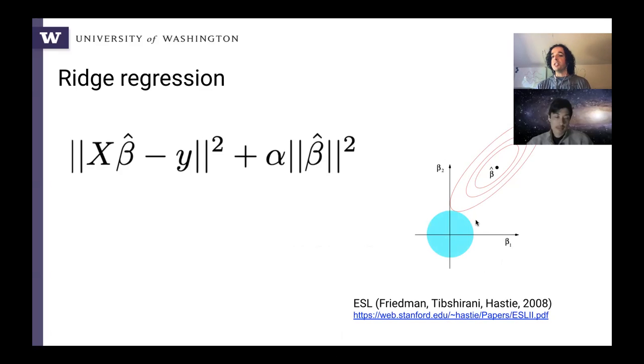What ridge regression does is it adds another penalty, this circle in blue. The sum of the squared coefficients describes a circle in this space. And the ridge regression solution will be, depending on the value of alpha, some intersection between this blue circle and our contour lines of the ordinary least squares error.